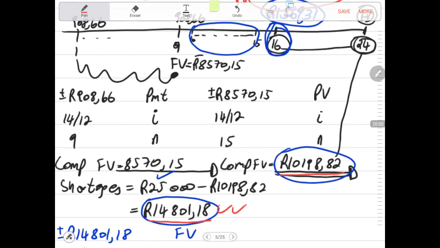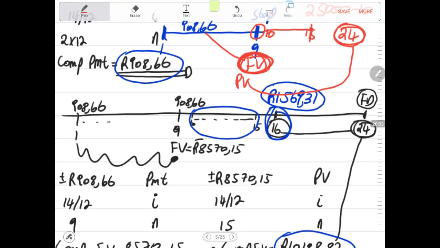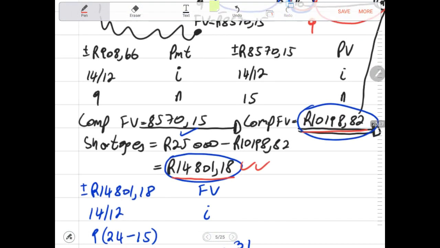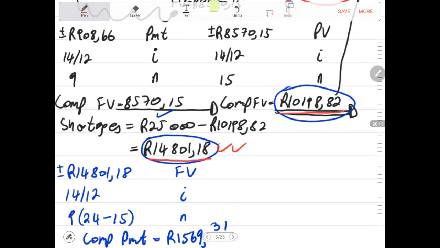We are going to continue making monthly payments, but starting from month 16 to month number 24. That will mean we need to make payments for the next 9 months. But our payments will have to change, based on the amount of the balance that is left.